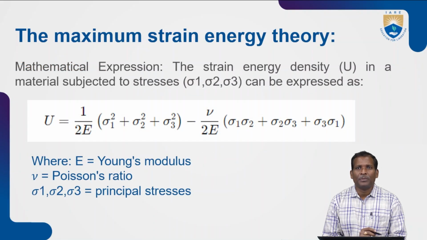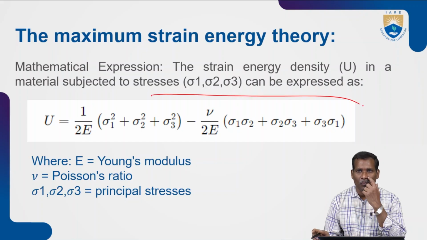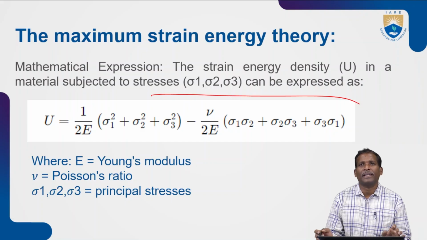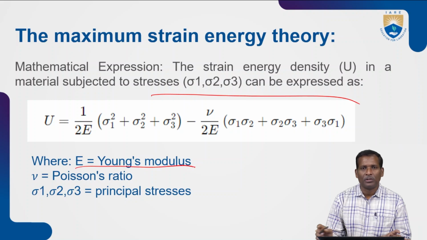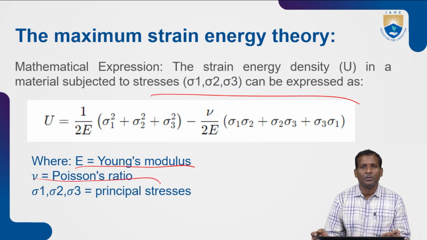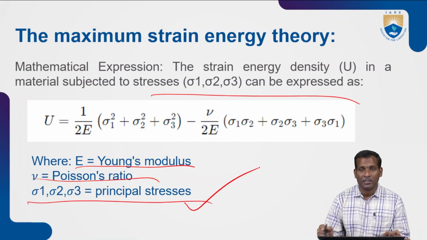Now the mathematical expression. The strain energy density in a material subjected to stresses sigma 1, sigma 2 and sigma 3, this is triaxial loading, can be expressed where E is Young's modulus, mu is Poisson's ratio, and sigma 1, sigma 2 and sigma 3 are principal stresses.